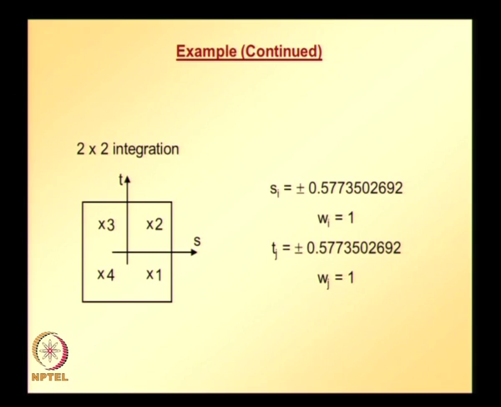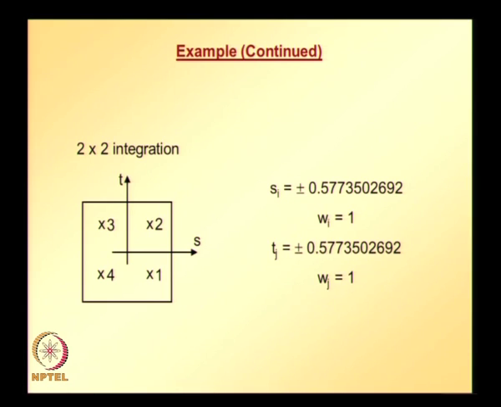So, we need to know what the points are, and if you recall, earlier I gave this information for 2 by 2 integration: the locations of the 4 points are as shown in the figure. The corresponding coordinates can be obtained by all combinations of Si and Tj, which are equal to plus or minus 0.57735, and the weight at each of these integration points is the weight in the S direction times the weight in the T direction, which is going to be equal to 1 at all the 4 points.